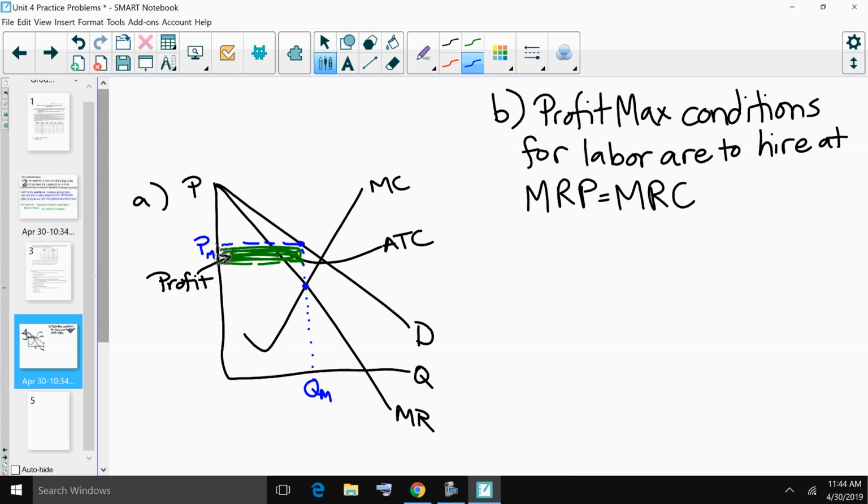Okay? All right. The conditions to hire are to hire where MRP equals MRC. That is our ideal position to hire in the labor market.